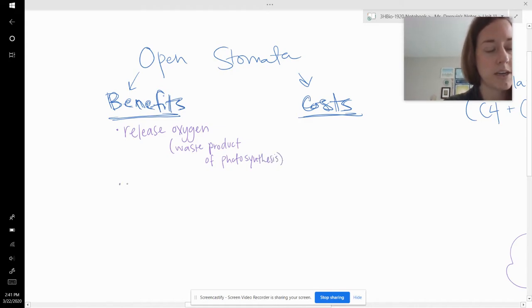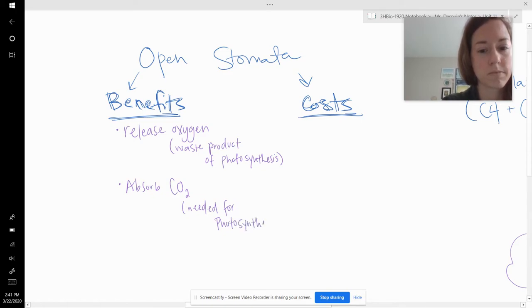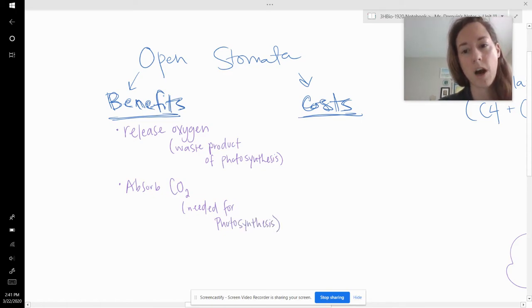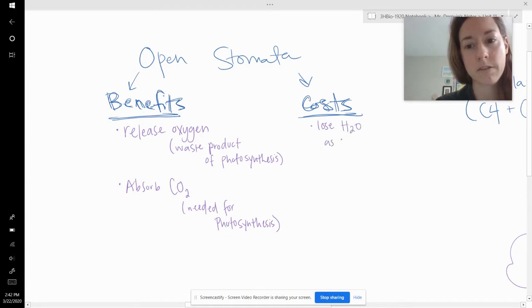And you also can absorb carbon dioxide, which is needed for photosynthesis. The costs are that when your stomata are open, you are losing water as vapor.